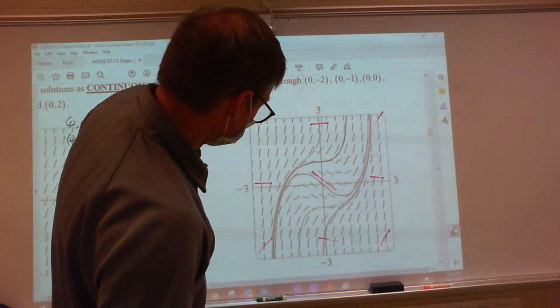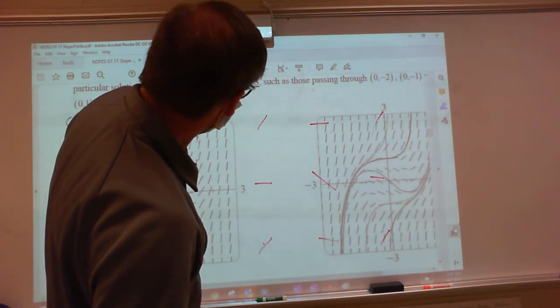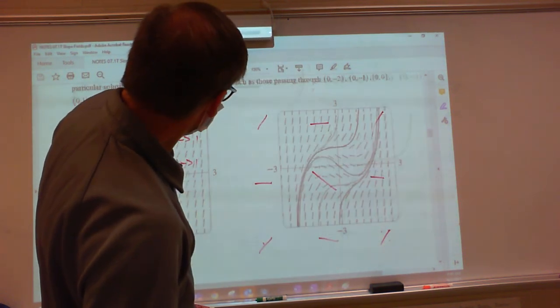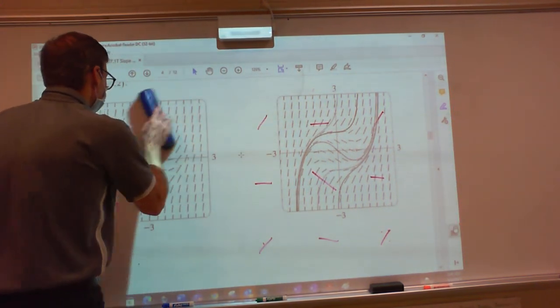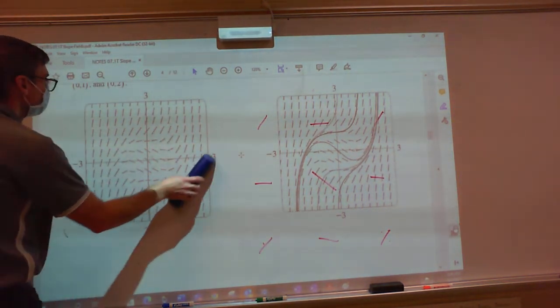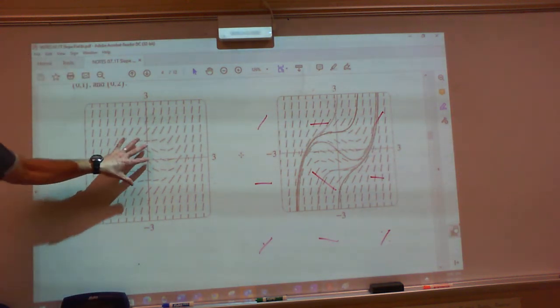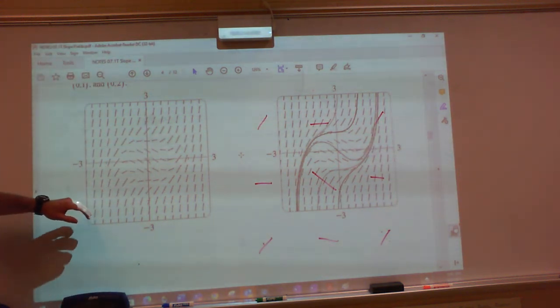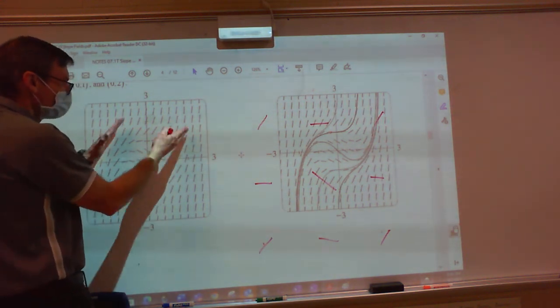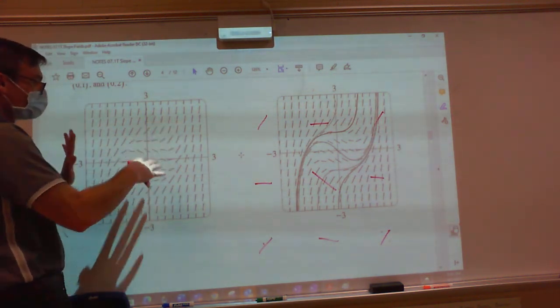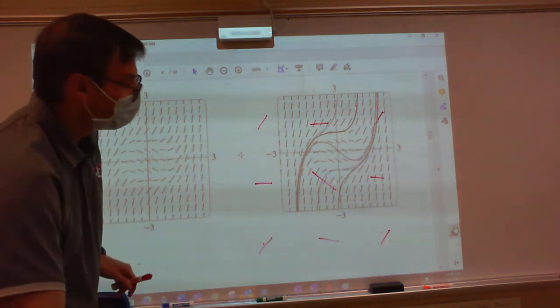And so our way more dots look like this. And if you look, you can still see, oh yeah, there's the 0, -1, there's the 1s. But since I have more slopes, I can figure out what's going on.